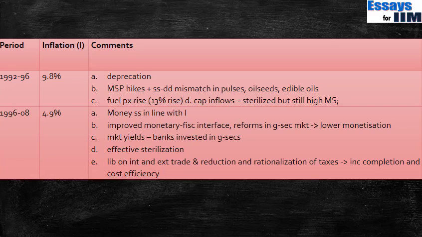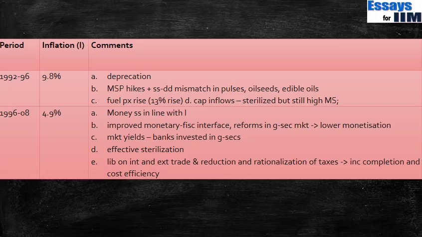Now the reasons for a relatively moderate inflation: the money supply was in line. So we checked our monetary policy, we imposed controls in terms of having a prudent monetary policy. So in line with inflation, the money supply was not allowed to go out of hand. Similarly, because of the reforms that were happening, there were improved monetary and fiscal interfaces. We removed a lot of kinks from the economy.